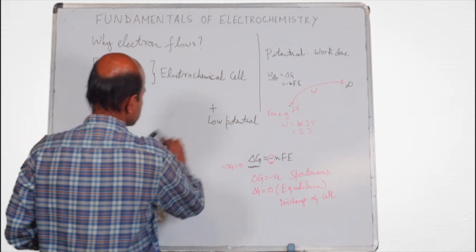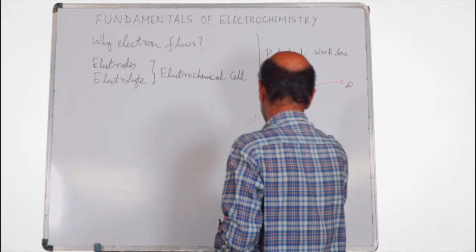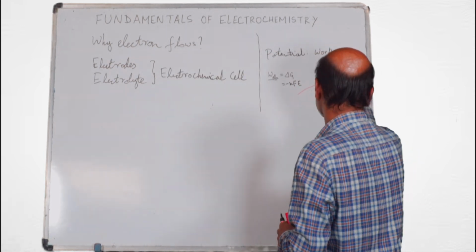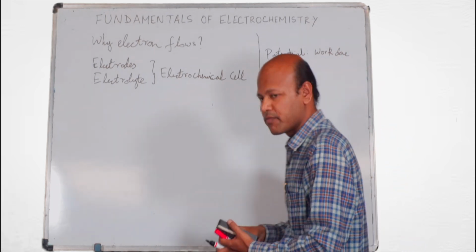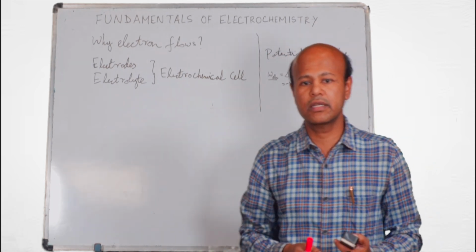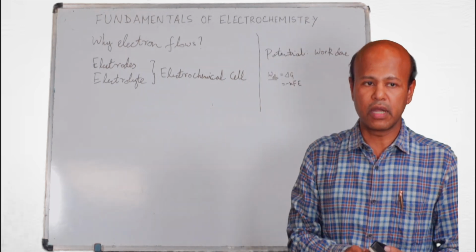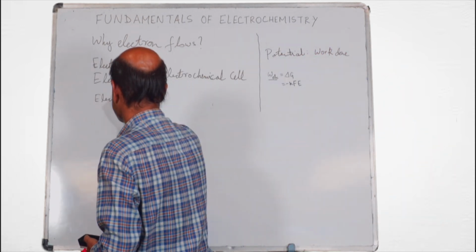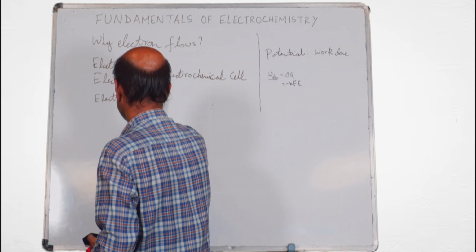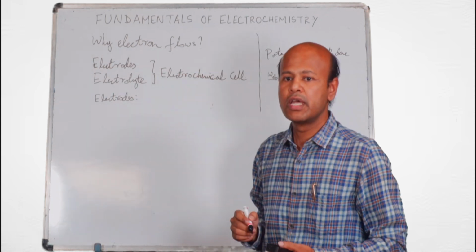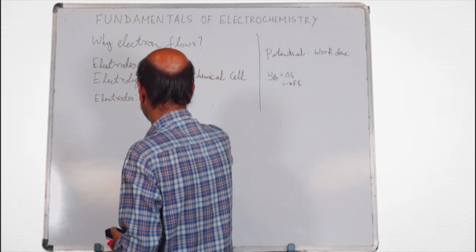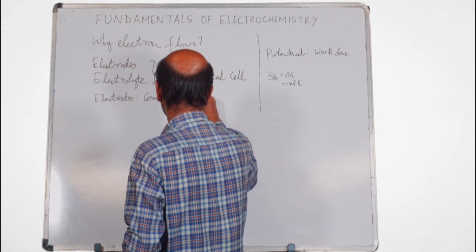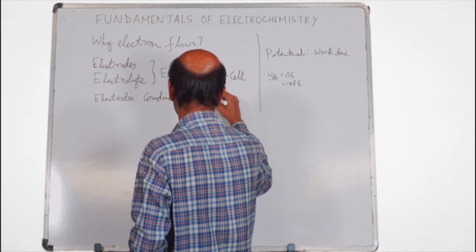Our next part is about the electrodes. So what is an electrode? As we have seen here, an electrode means the conductor which allows flow of electrons. So electrodes are electronic conductors. You can define electrodes as the materials which conduct electricity through electrons.